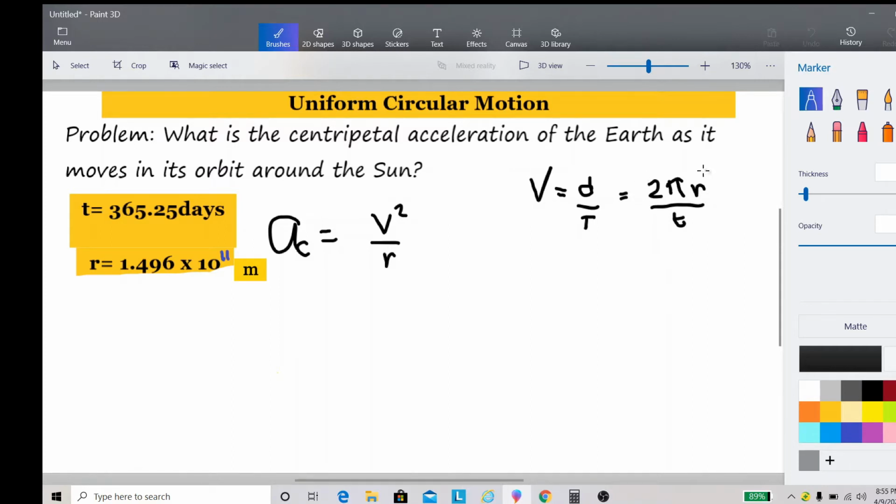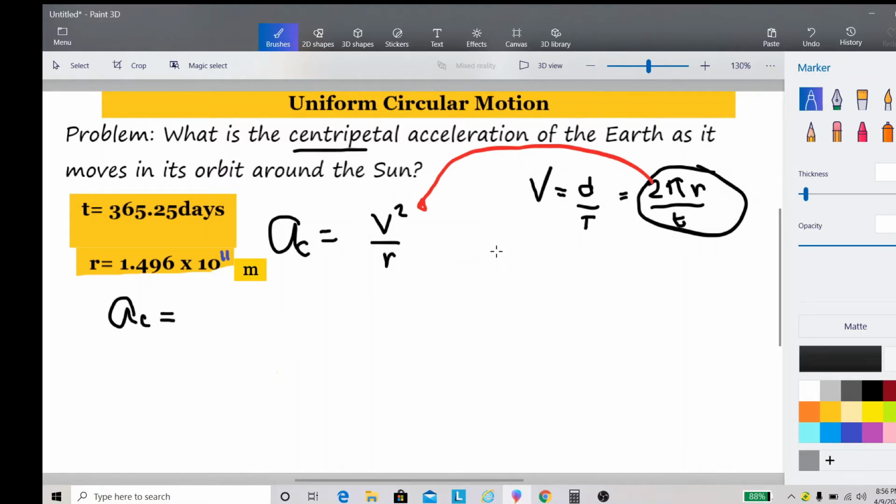So we're going to substitute this here. The centripetal acceleration, the unknown, is equal to v squared, which is 2 pi r divided by t, and we square that because it is v squared, and that is divided by r.